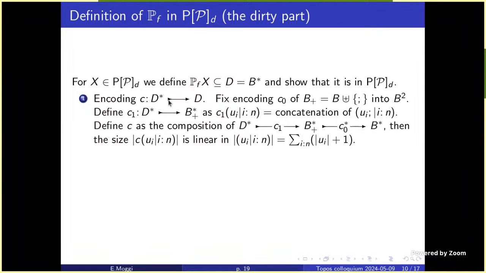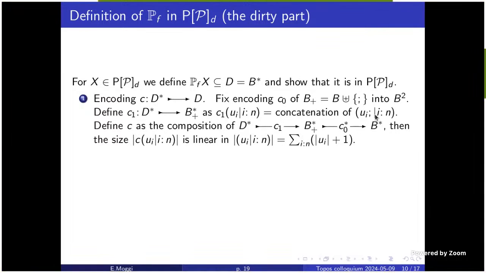To define this I use some encoding of sequences of D in D. I introduce an extra symbol so that I can split. If I have a sequence of bit strings, I can use this symbol to separate one bit string from the next.